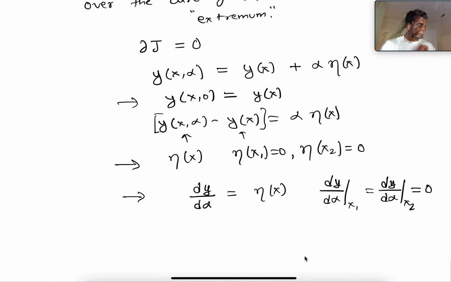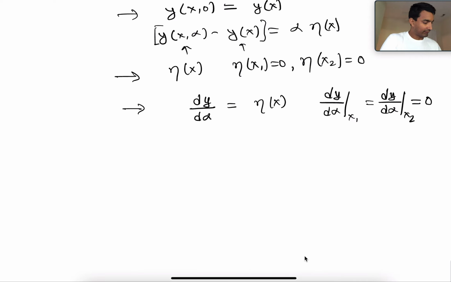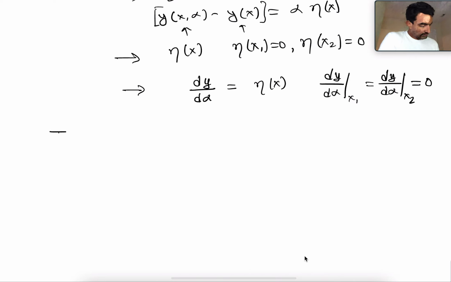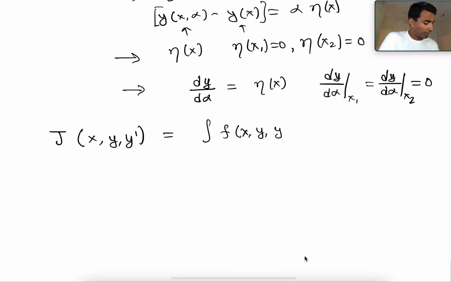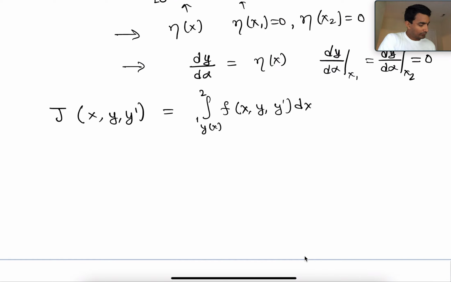Now that we have defined this function y of x, alpha, we can write J of x, y, y prime. Remember, J was defined as the integral of f of x, y, y prime dx along the path y of x from point 1 to 2. But we can also define this J along the new path that we have created.